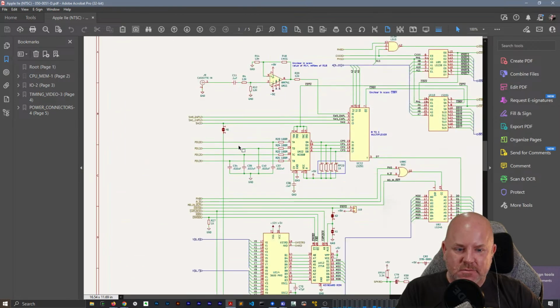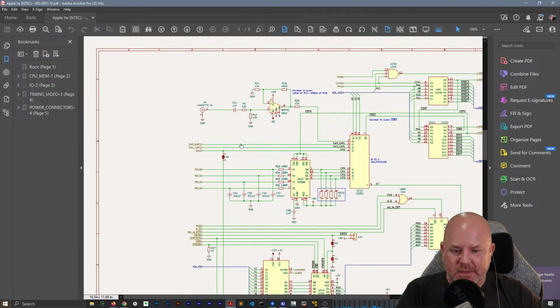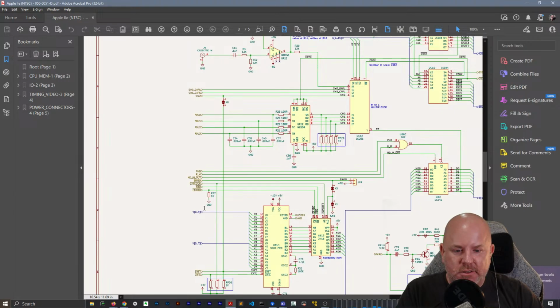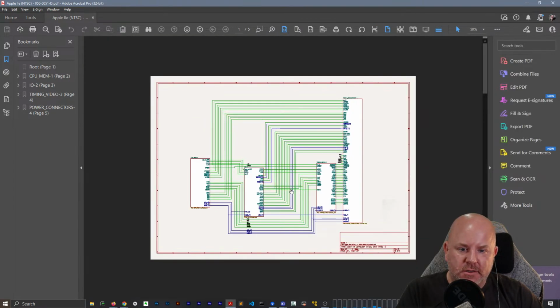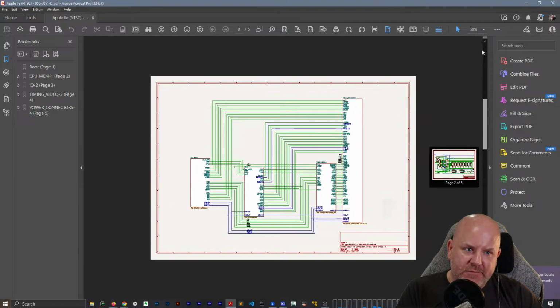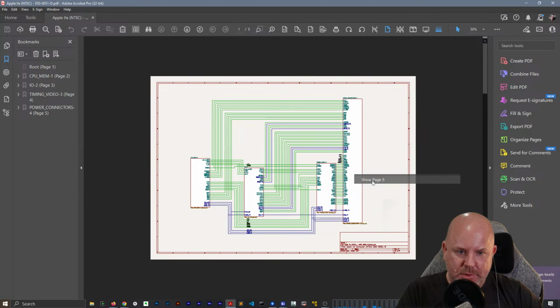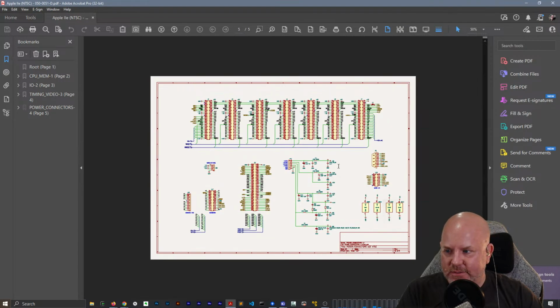That's really well done. I thought you could, or maybe this is what I'm thinking of, you can use this to navigate the schematic. So I can say, go to this page, and it goes to the page in the PDF.